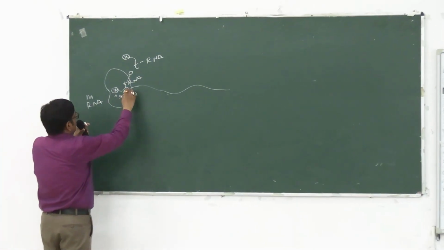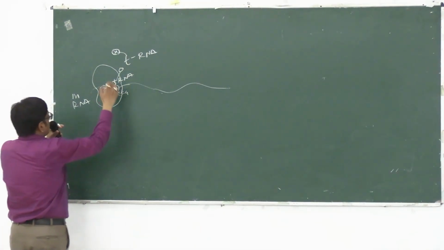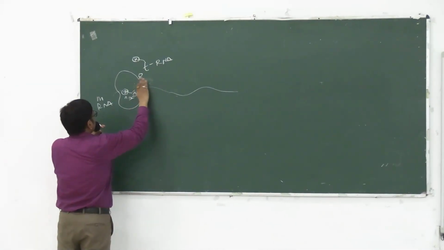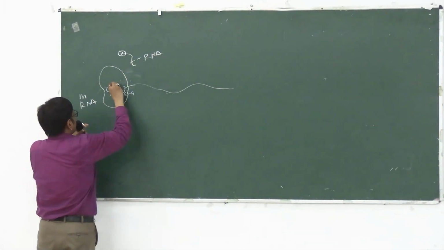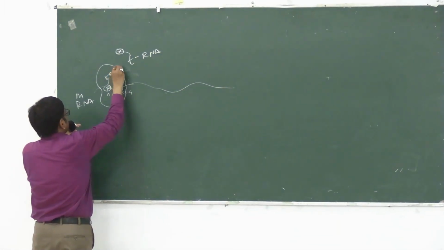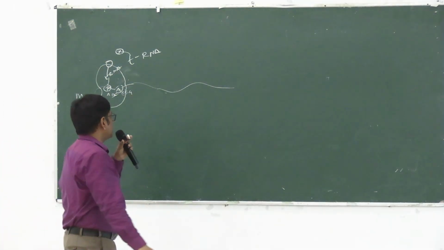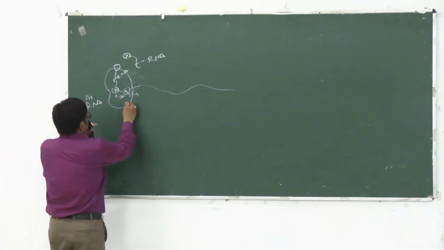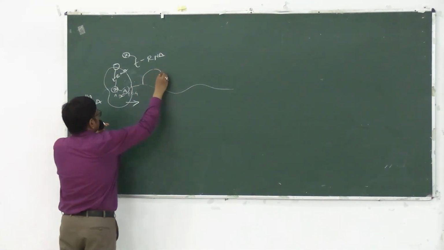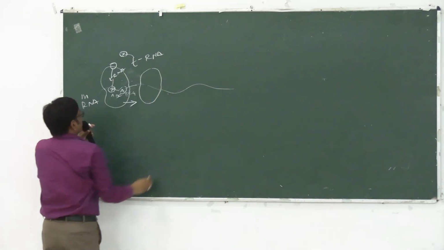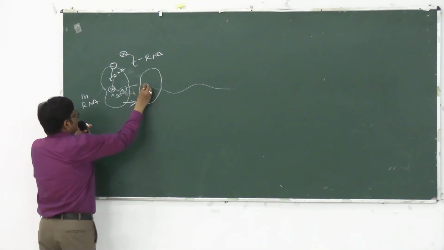In the next step, what happens? This tRNA will move to the P site with the amino acid, and then the ribosome will move forward. When the ribosome comes to a new site, here you have again a P site and A site.